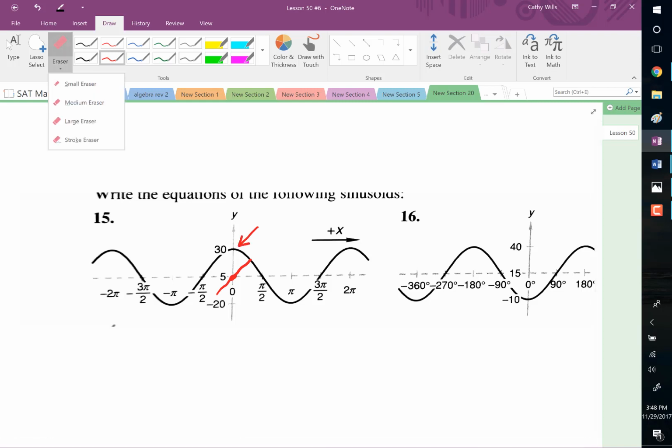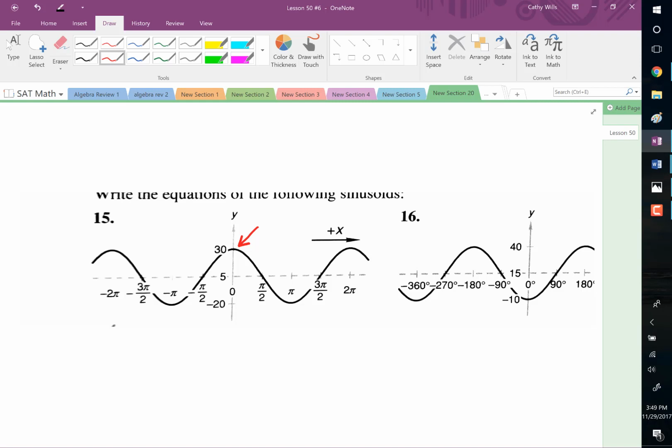All right, so this is going to be a cosine graph. We're going to want to graph it as a cosine because it starts at the top of the hill instead of starting by going through the origin, which is really not the origin on this one, because this dotted line here is not the x-axis, it's 5. We can see that this graph is not only a cosine graph, but it's also been shifted up 5 units.